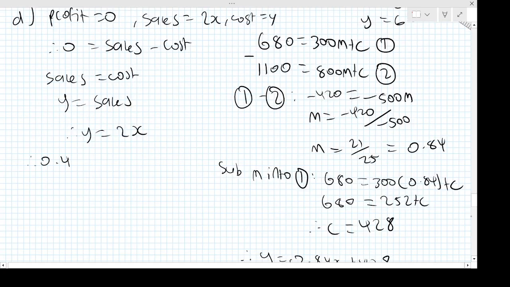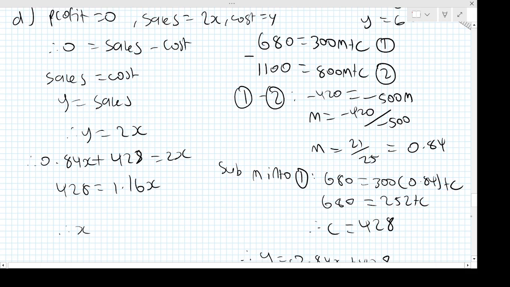So 0.84x plus 428, and that's equal to 2x. Well, this is an equation to solve for x now. So if I move all the x's to one side, so 428 is 2x, take away 0.84x. That will give me 1.16x. Okay.